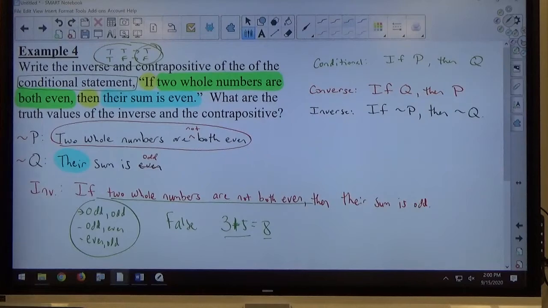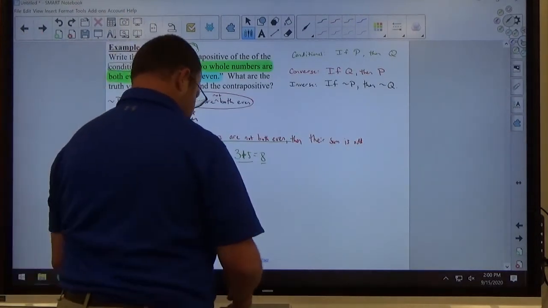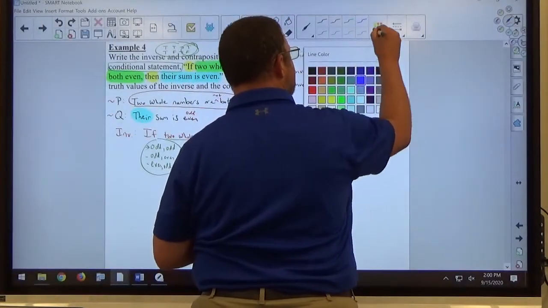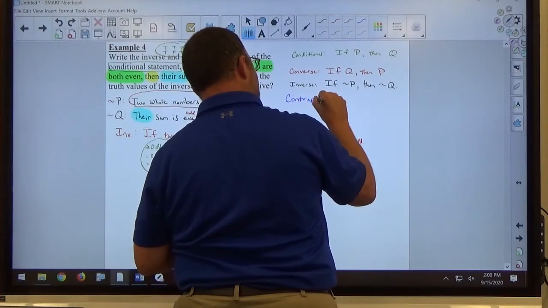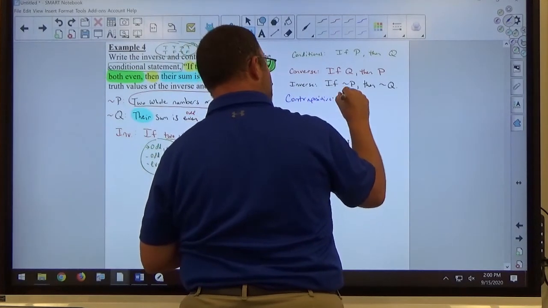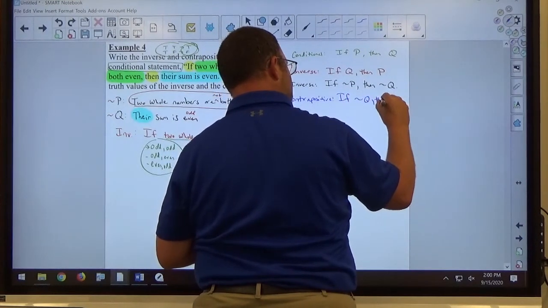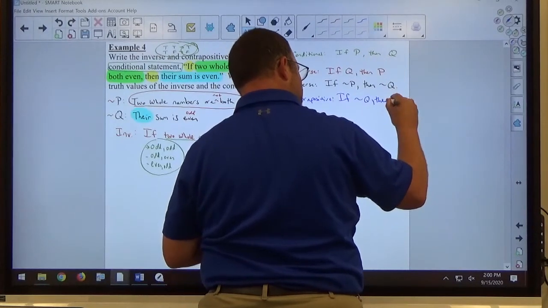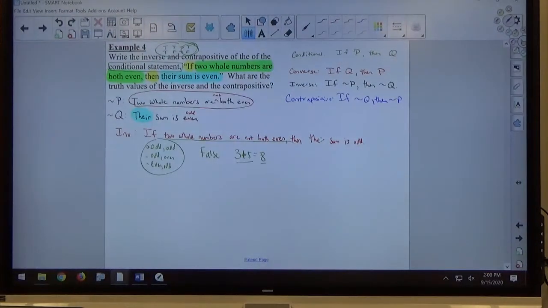Right? So to make a contrapositive, contrapositive is just the converse of the inverse.